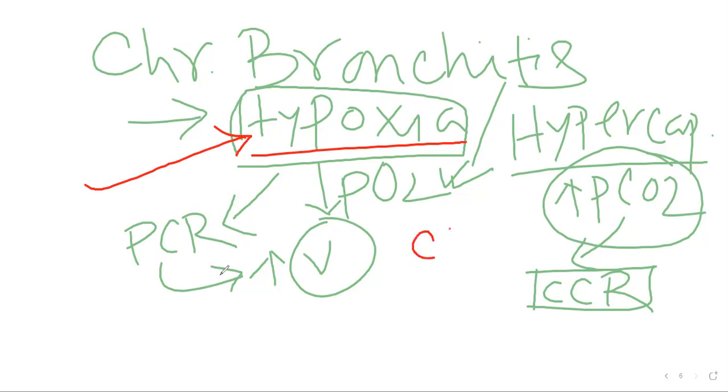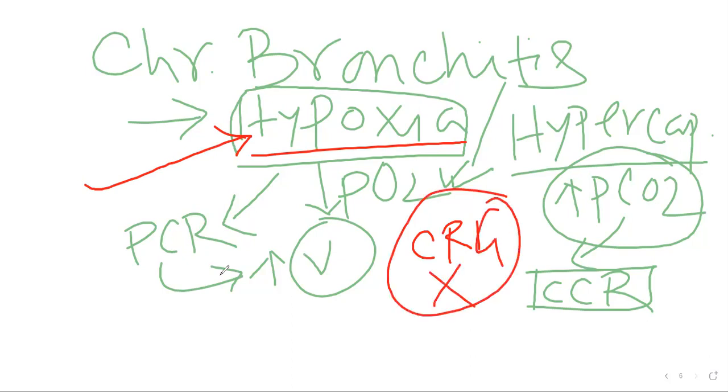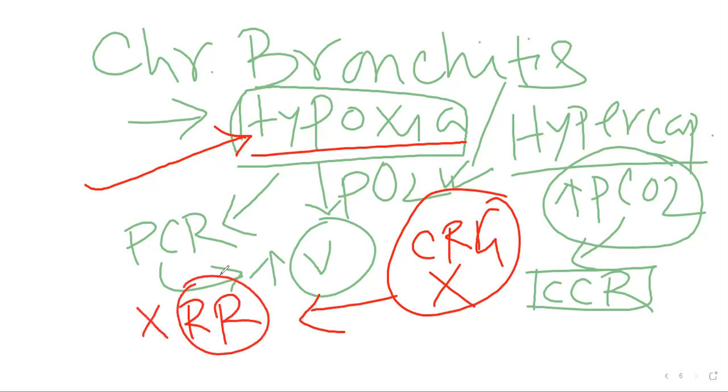So the central ramp generator will ultimately be depressed. As a result of this, there will be cessation of respiration, or stoppage of the respiratory system, and the respiratory rate will be zero, and finally the patient will die.